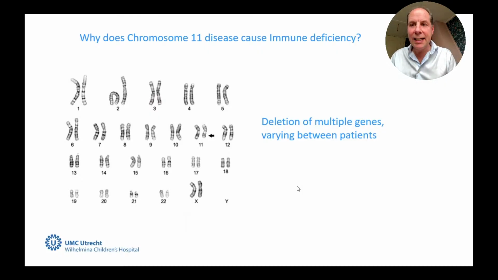And what you can see is that one of the two is a little shorter than the other. And the lack of that little piece of DNA is the cause of Jacobsen syndrome or chromosome 11 deletion disease.